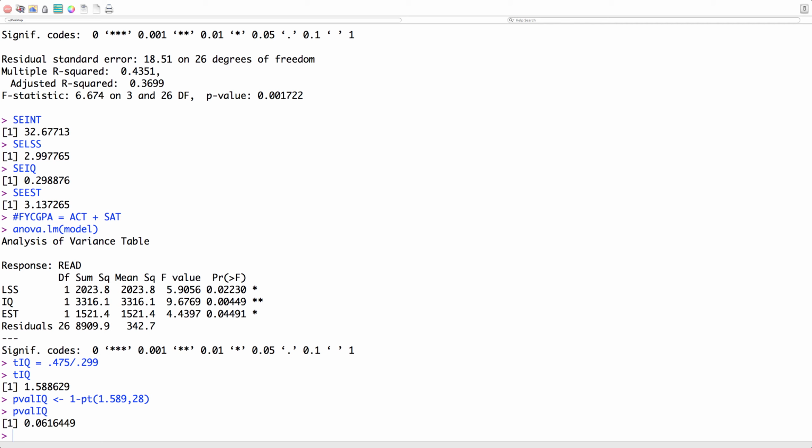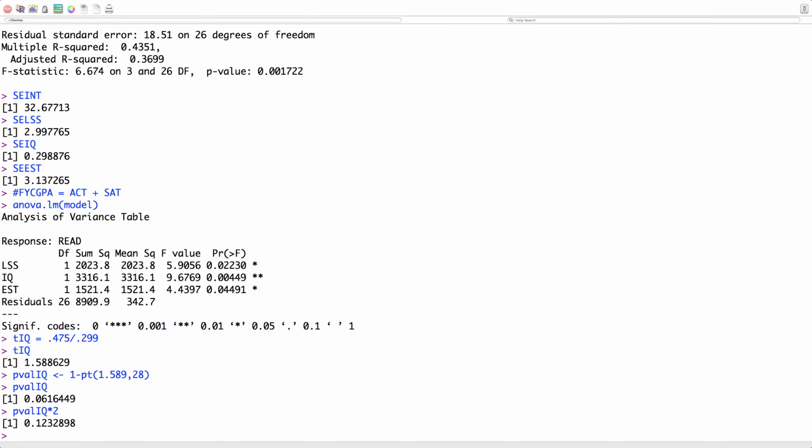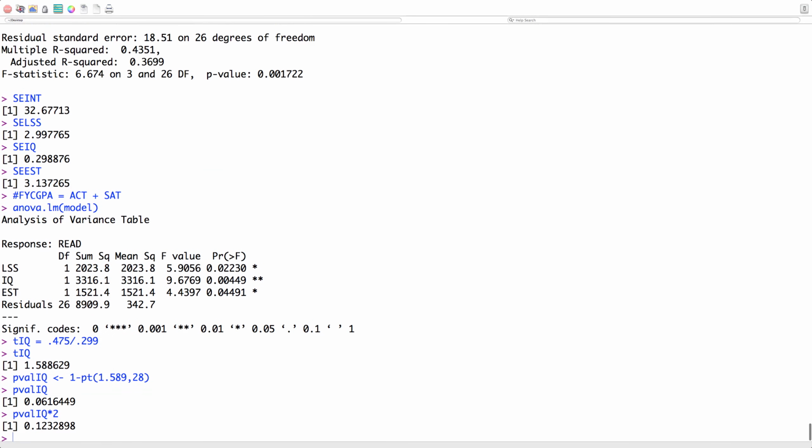Oh, I forgot to multiply by 2. So I need to take the p-value for IQ and multiply by 2. And you can see that we get not the right thing. Okay, let me think this one through, guys. So we have found a t-distribution.